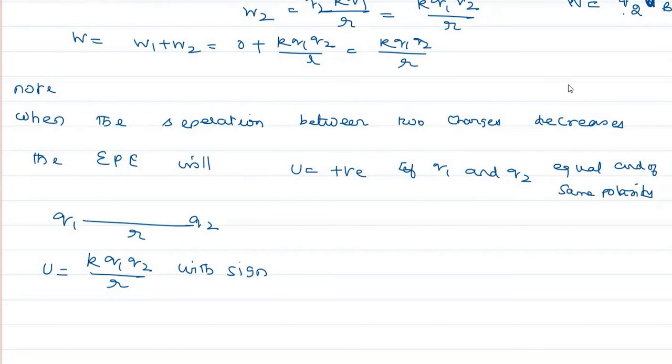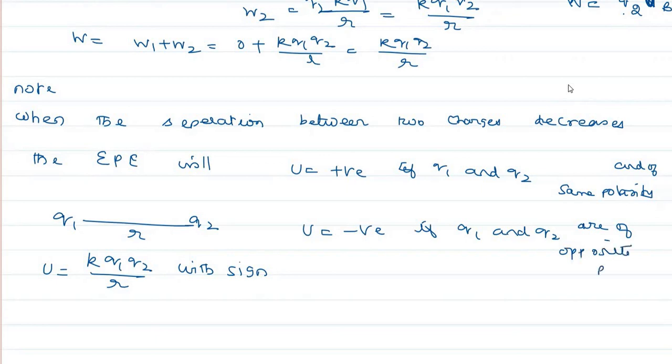So U will be positive in case of same polarity, but U will be negative if Q1 and Q2 are of opposite polarity. Here you need not write equal, because not always are all the charges given in the systems equal. Only same polarity, U will be positive. Negative means it will be of opposite polarity.